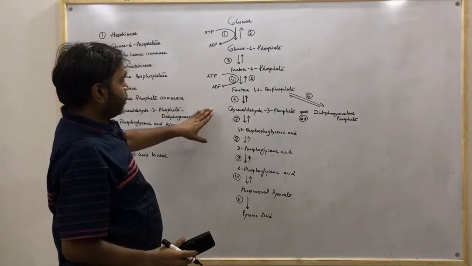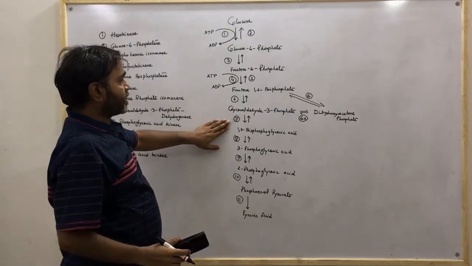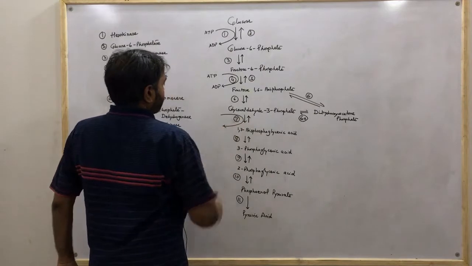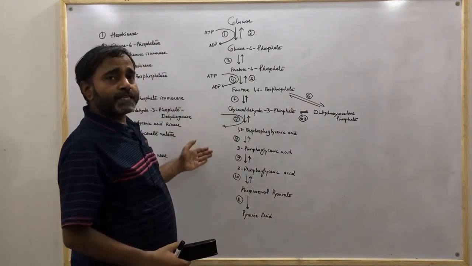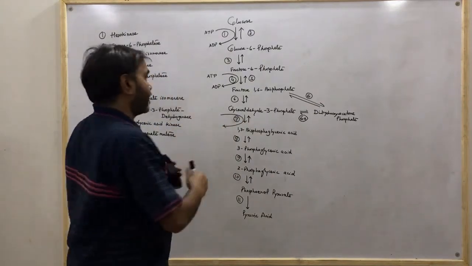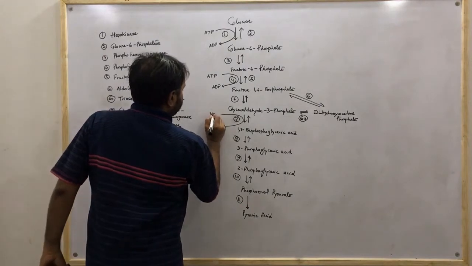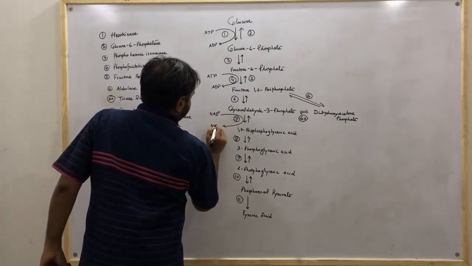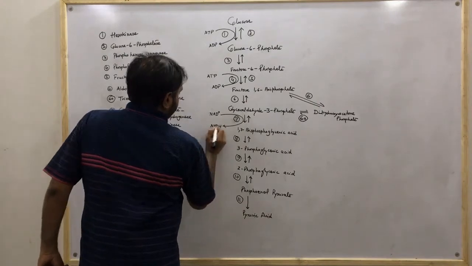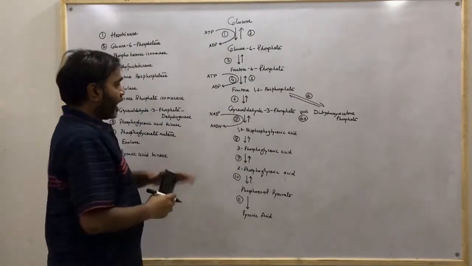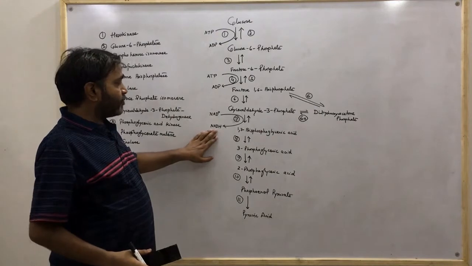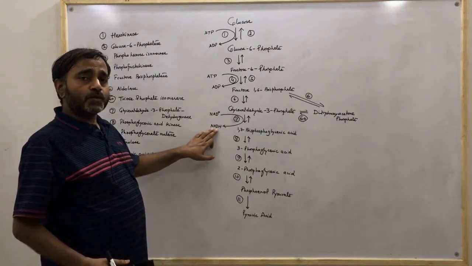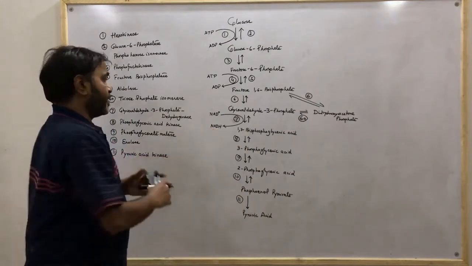and likewise we will write at this step where the change, or you can say the reduction of coenzyme is occurring, that is NAD plus is getting changed into NADH. It is a very important step, and from this step the electron will be transferred to the electron transport chain.